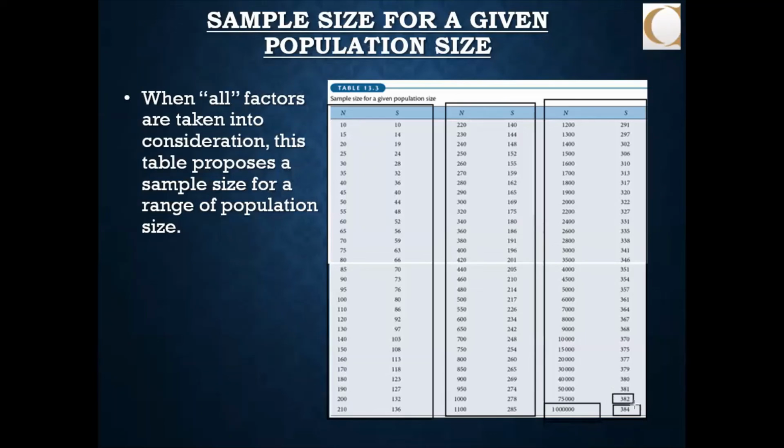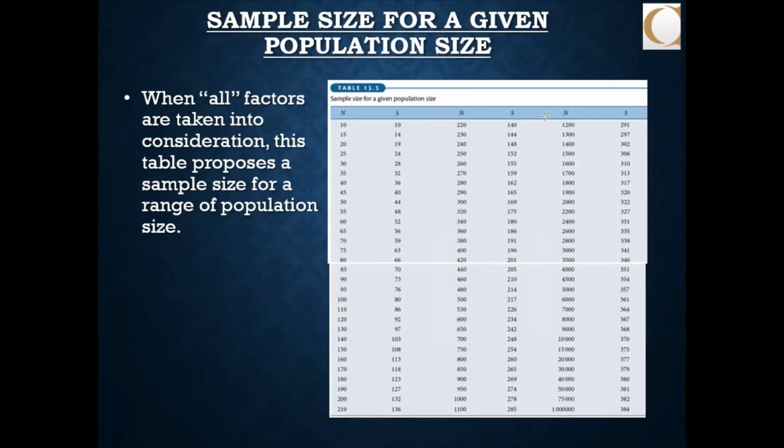Sample size of 382 is good for 75,000, so on. It's a good table showing that 381 is good for 50,000, 380 sample is good for 40,000 population, 379 is good for 30,000 population, 377 sample is good for 20,000 population, and so on. So it's a good table showing you a guide for what types of samples you should have based on the population.